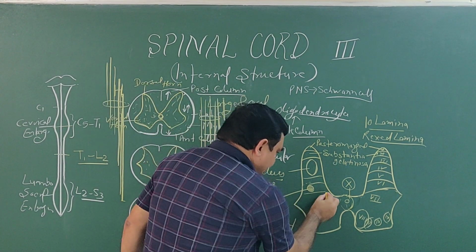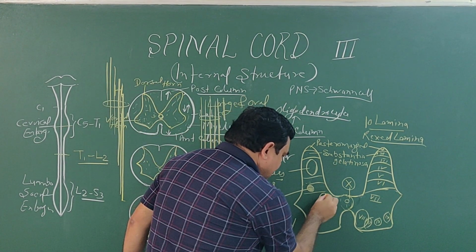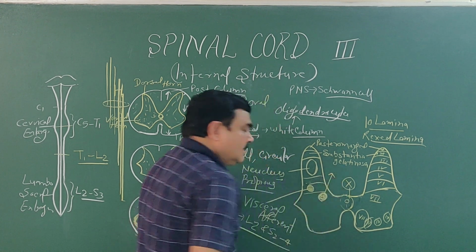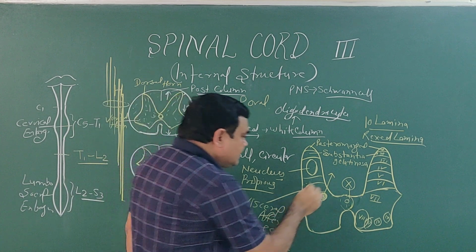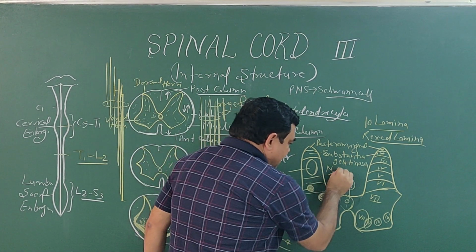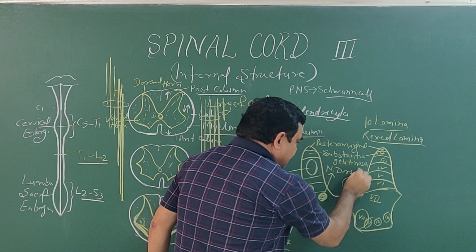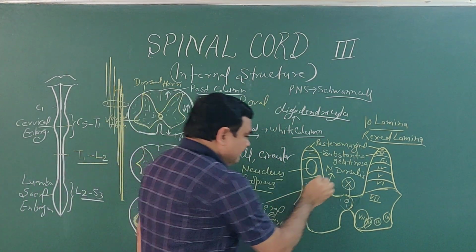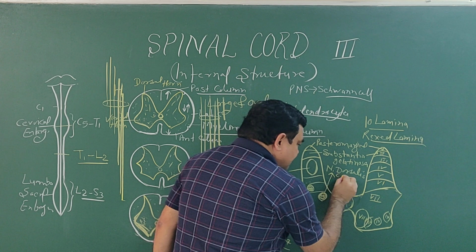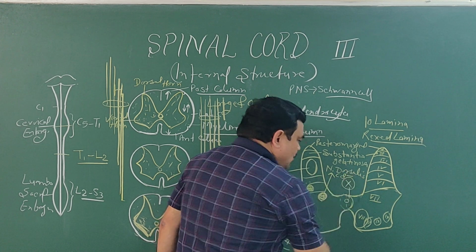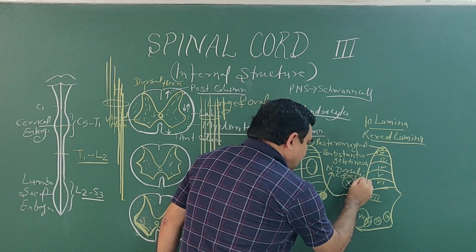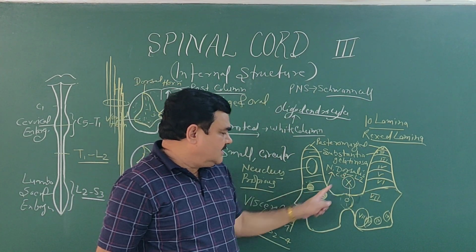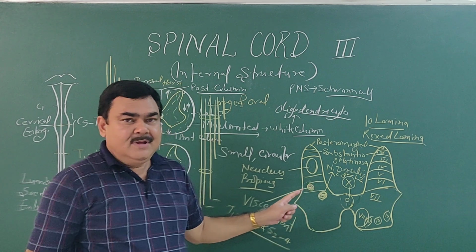Then after this, here is nucleus dorsalis. This nucleus dorsalis is present at the level of C8 to L2, also called Clark's column.